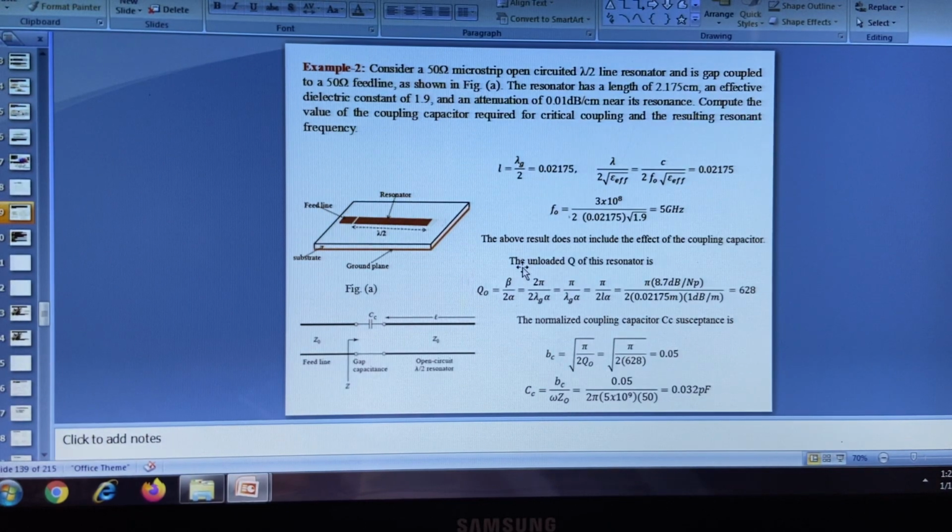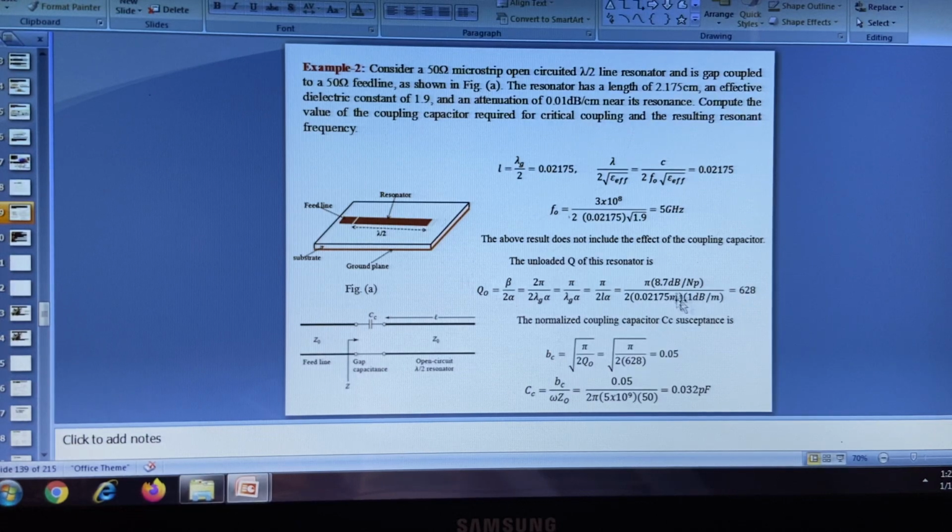The unloaded Q of this circuit is given by Q naught equal to beta divided by 2 alpha. Beta is 2 pi by lambda g, alpha is given, and lambda g you can find here.